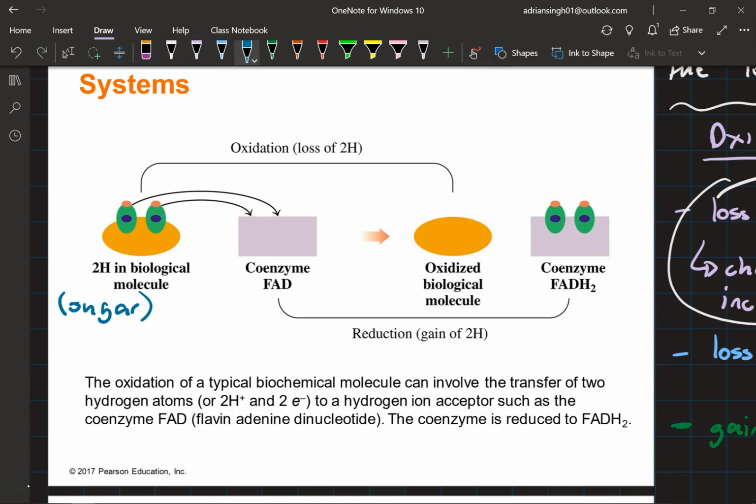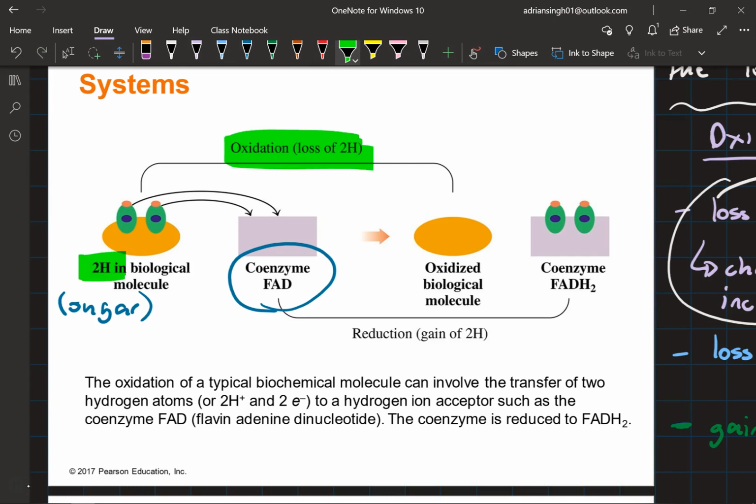Right, we have these things called coenzymes in your body that are able to help do that. And this coenzyme here, called FAD, is able to gain a couple hydrogens from that biological molecule. All right, so our sugar, for example, now ends up losing those two H's.